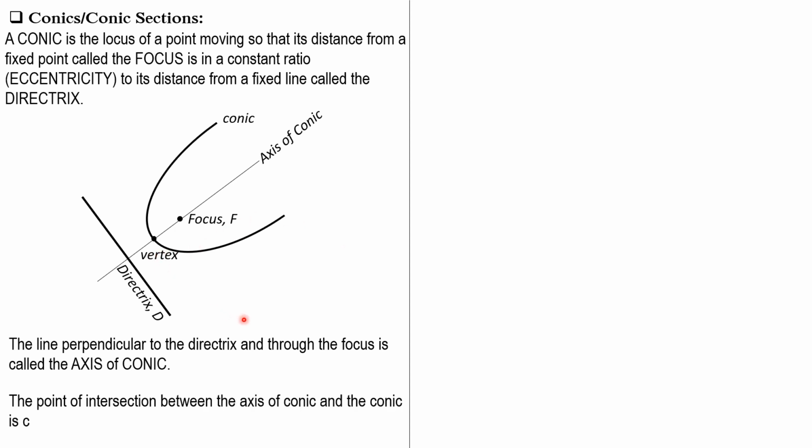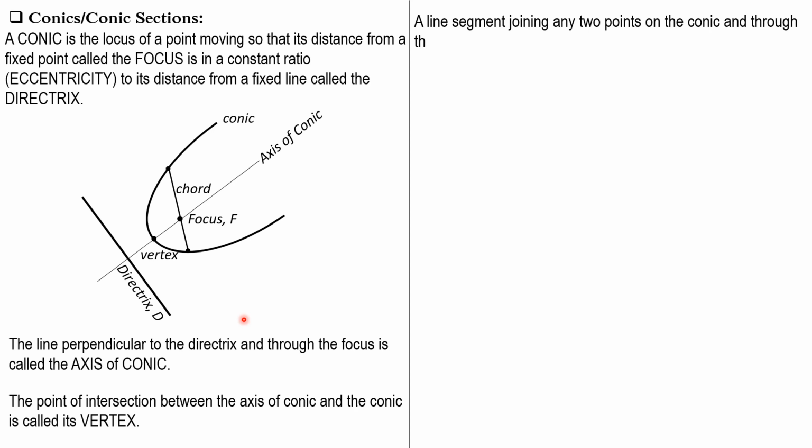And a line segment joining any 2 points on the conic and through the focus is called a chord. So that's a chord as shown in the figure. So we define it as a line segment joining any 2 points on the conic and through the focus.